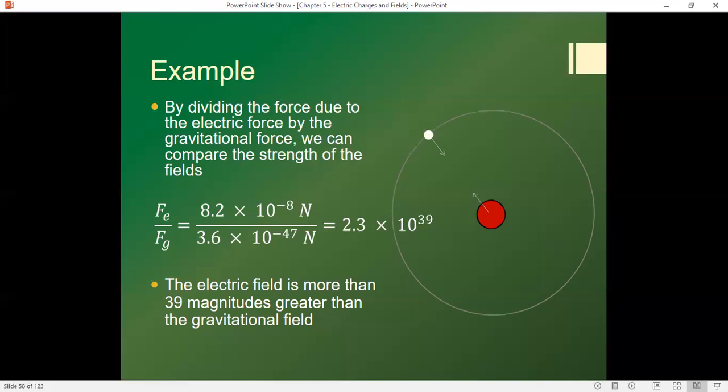And as we said, most objects strive to become electrically neutral. The gravitational force, however, is cumulative, even though on the atomic scale, it's so insignificant, okay? And it's even insignificant when you get to like Avogadro's number of molecules, okay? 10 to the 23 is still tens of magnitudes less than 10 to the minus 47.